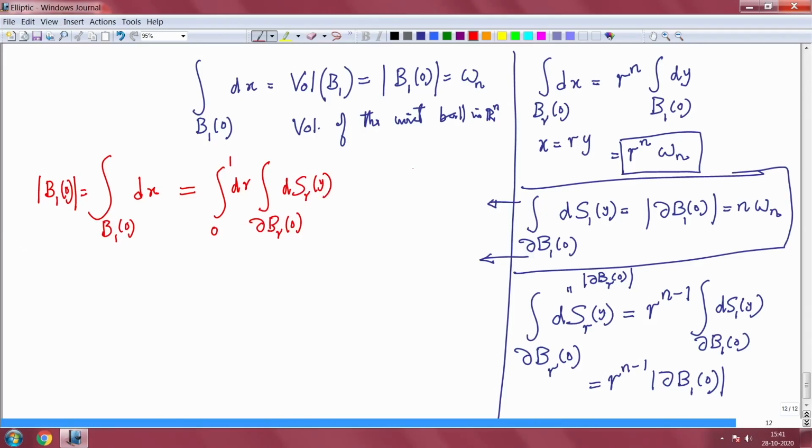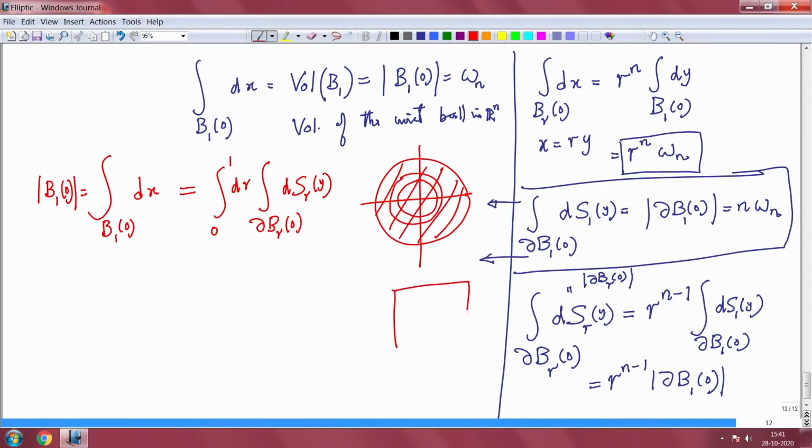That is natural. So, if you have a surface and you want to understand the whole volume, you understand all the surface areas and integrate. This is typically the Fubini theorem. That is what you do.